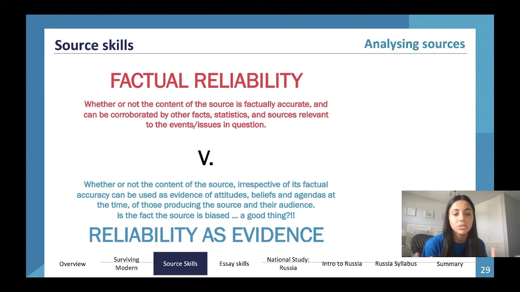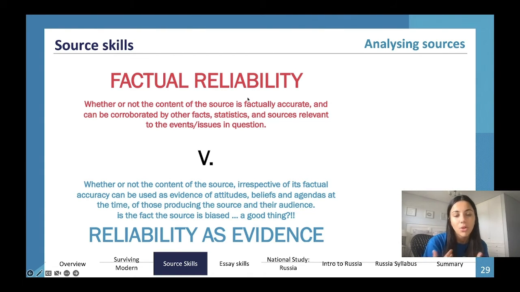And as soon as I started to understand the differences between both, I felt it was much easier to answer questions, because it was so easy to just look at the factual reliability.